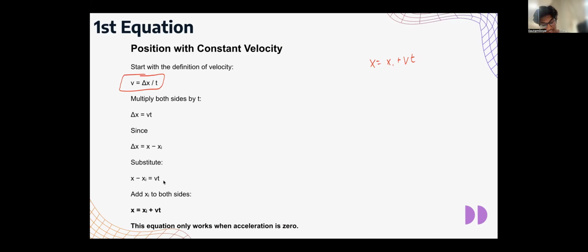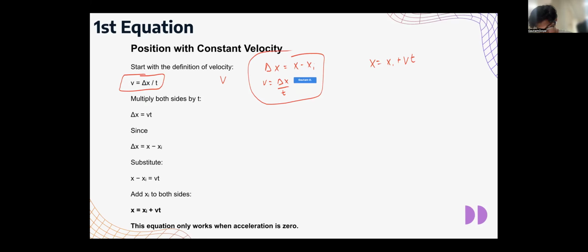Since we know that delta x is equal to x minus x initial, the final meters minus the initial meters, using both of these facts, we can solve for the first equation, right?